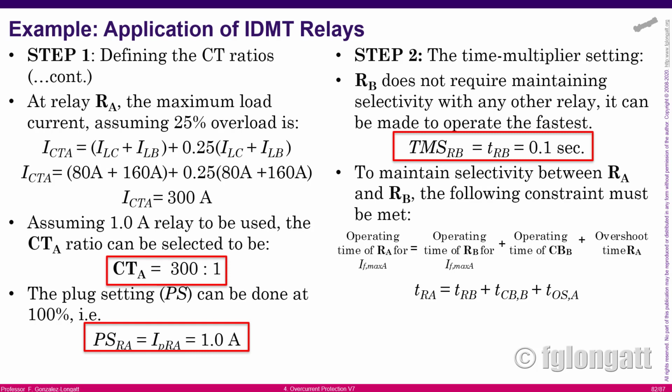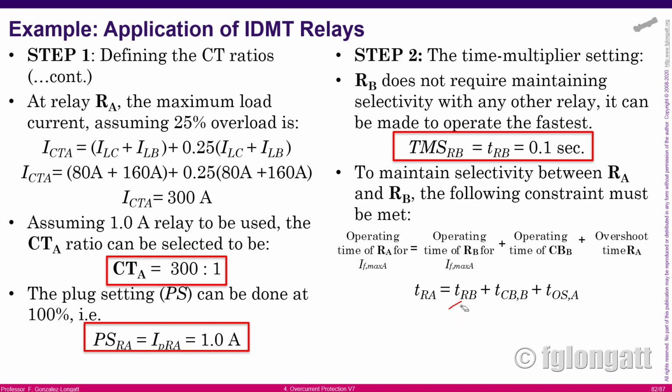For sure what we need to do is define what is the operating time of relay B. That is a critical point here in this solution, okay?